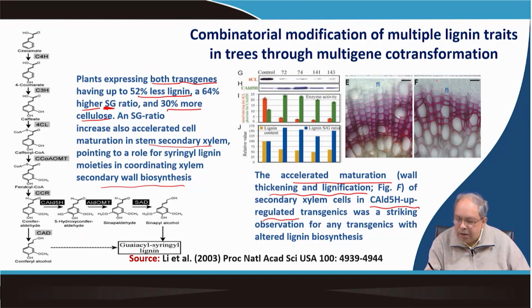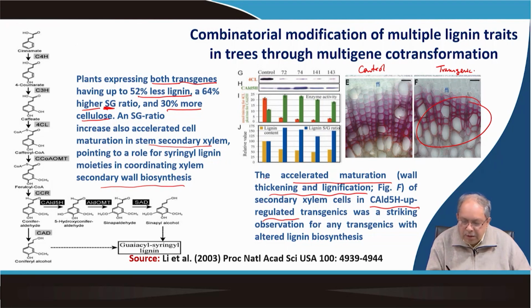And what you see here, this is basically the control and this is basically the transgenic. So, here what they said, that this is leading to accelerated maturity compared to this one.